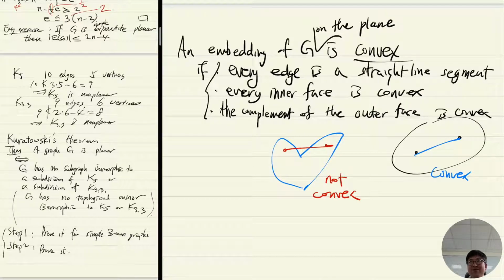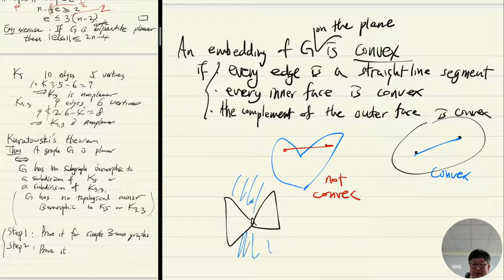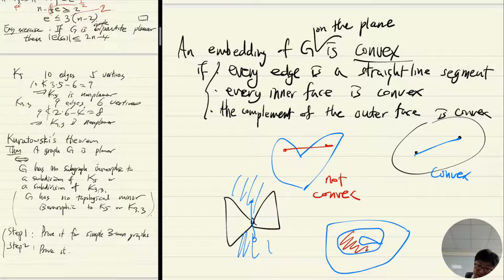And if you have a cut vertex, then it's difficult to satisfy the condition about convexity, because the complement of the outer face is never convex, or you might have a cut vertex inside your graph, so that this face is not convex.